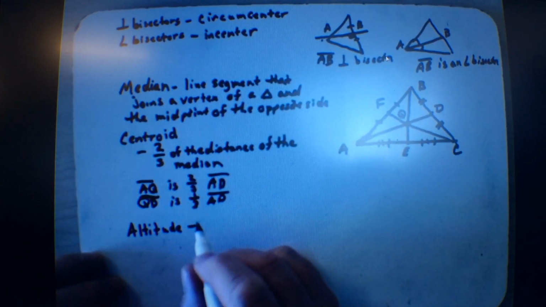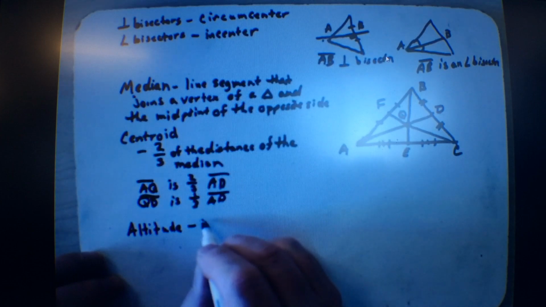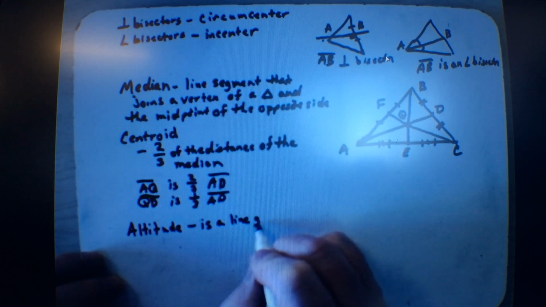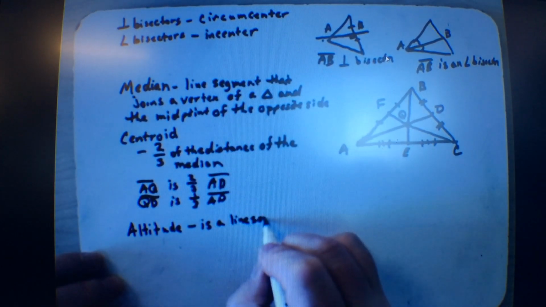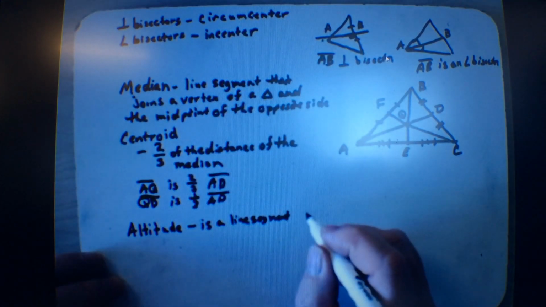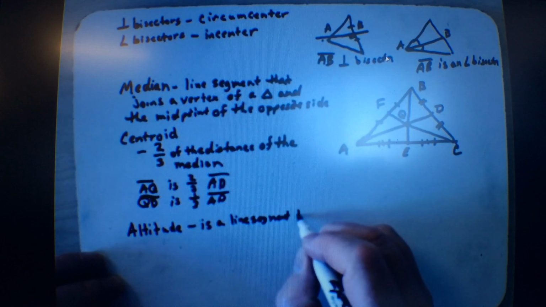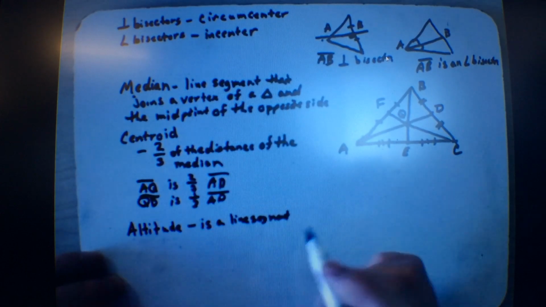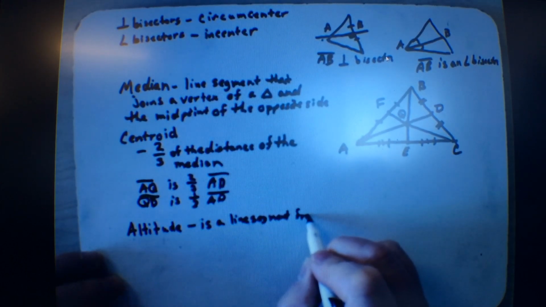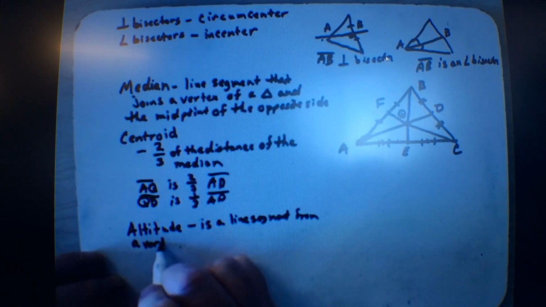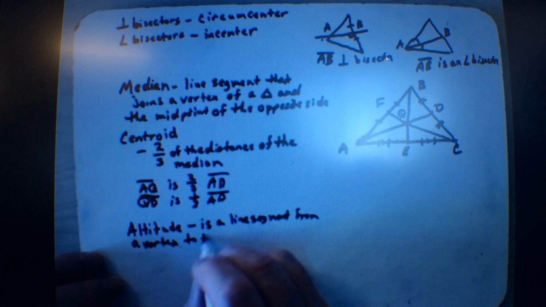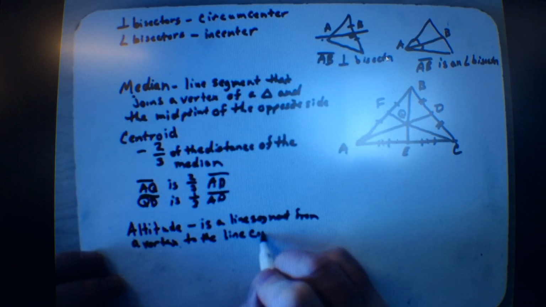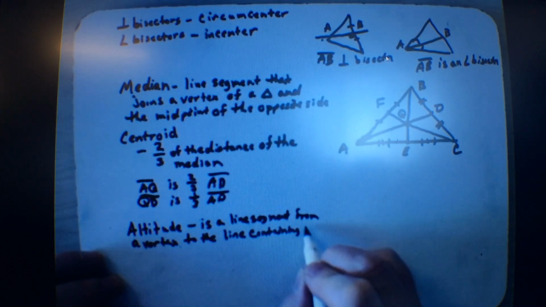The altitude of a triangle is a line segment from a vertex to the line containing the opposite side.